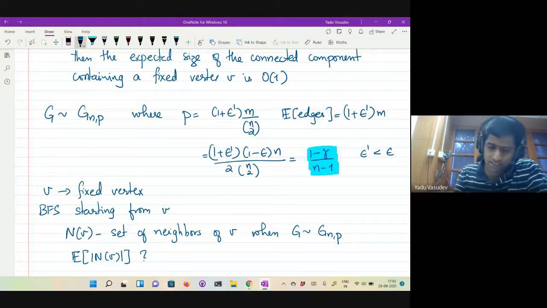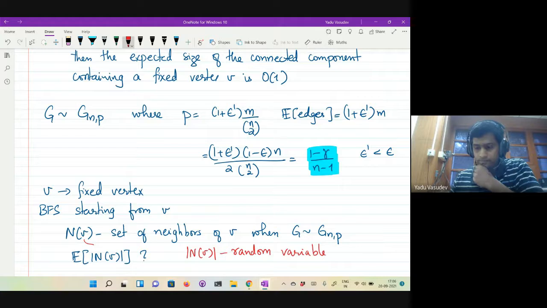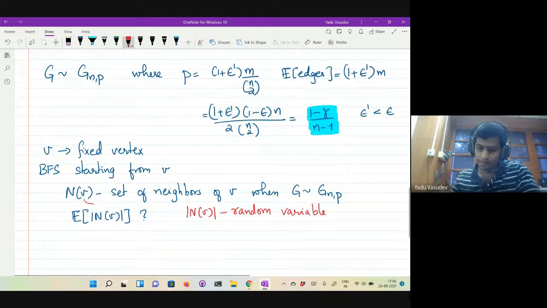Or rather, the cardinality of N(V) is a random variable. How is this random variable distributed? Yeah, so it's binomial, right?